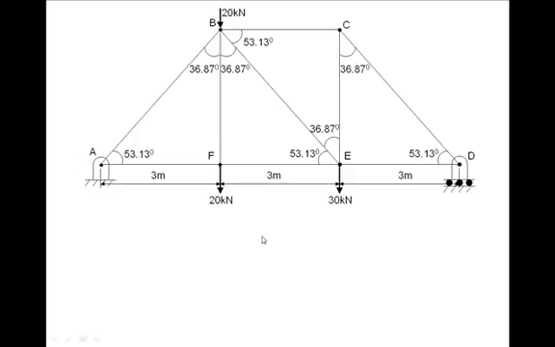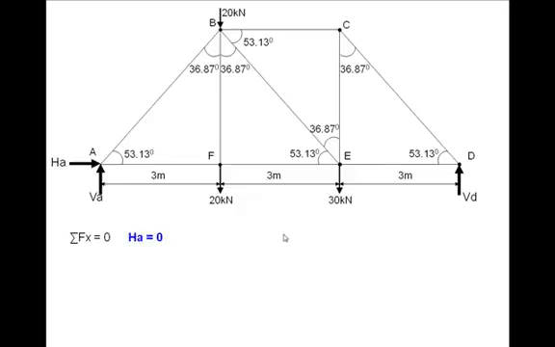First, in order to find the support reactions, we replace the supports by appropriate reactions, the hinge by 2 reactions and the roller by 1, and for the overall truss, that is external loads and the reactions, write equilibrium equations: sigma Fx = 0, sigma Fy = 0, and sigma M = 0.